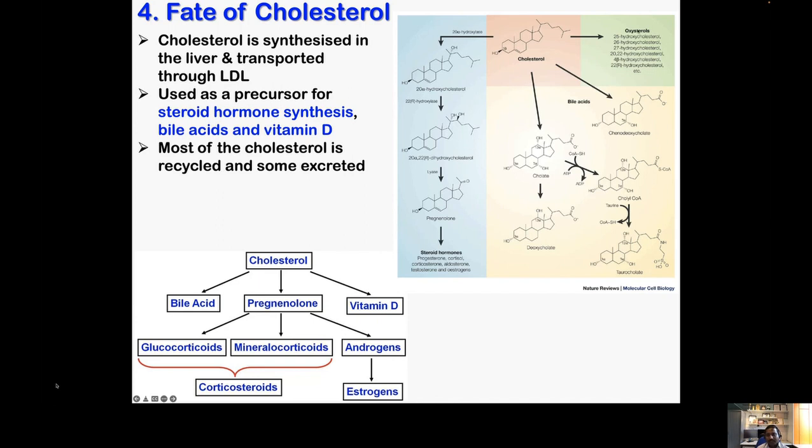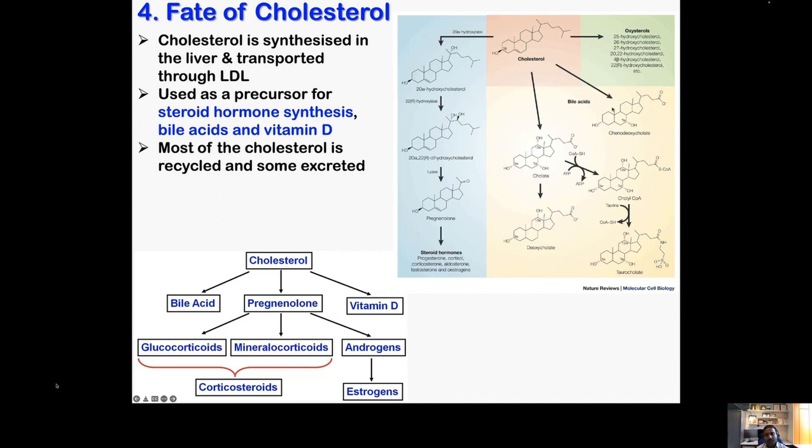So cholesterol is being converted into oxysterols. Again, that will lead into steroid hormones, and you can see all different types of steroid hormones produced using cholesterol. For example, progesterone, cortisol, corticosterone, aldosterone, testosterone, estrogen, all the hormones are being produced by utilizing cholesterol as a precursor.